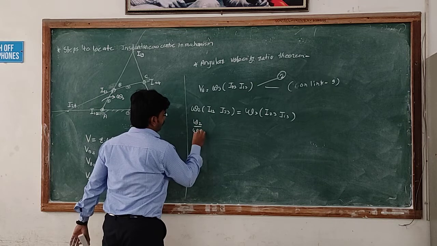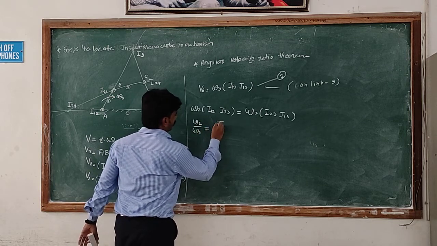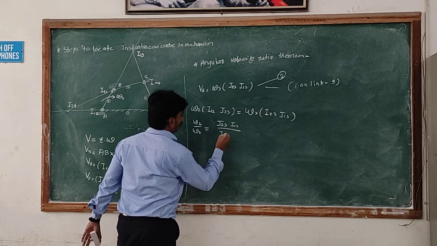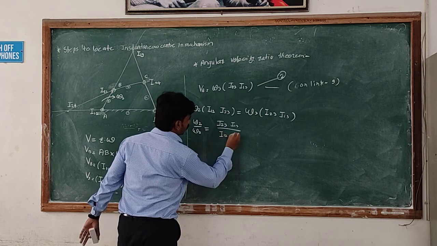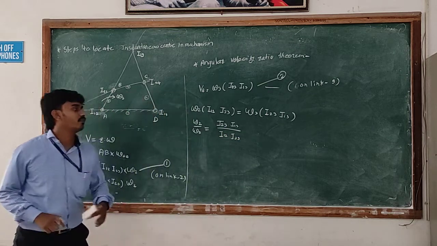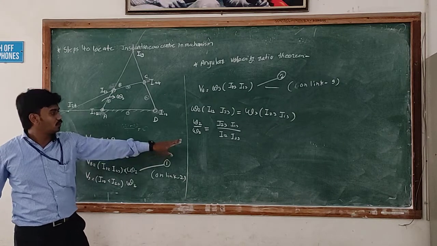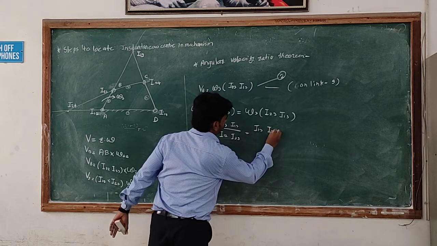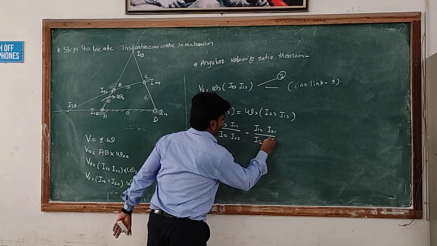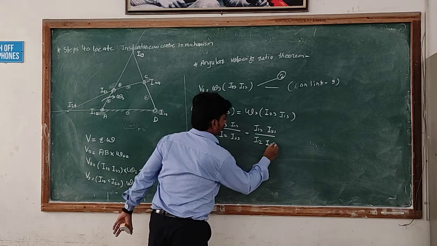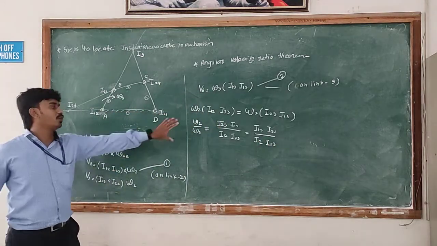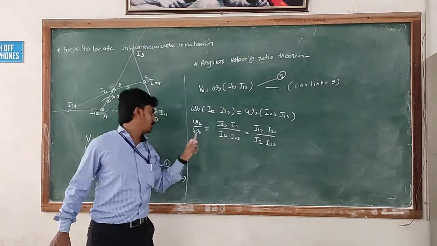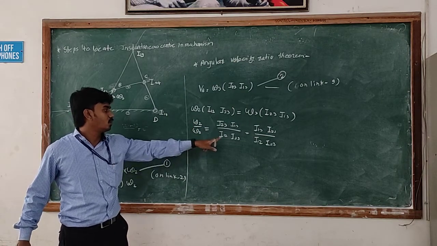Now omega 2 upon omega 3 is equal to I23 and I13 upon I12 and I23. If we rewrite it, it becomes I13 into I23 divided by I12 into I23. This is the equation of the angular velocity ratio theorem.